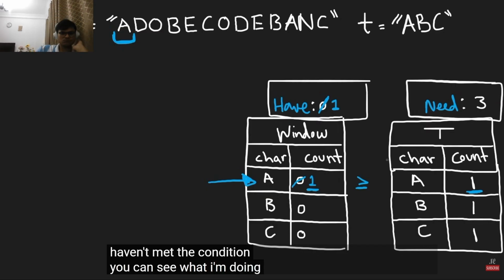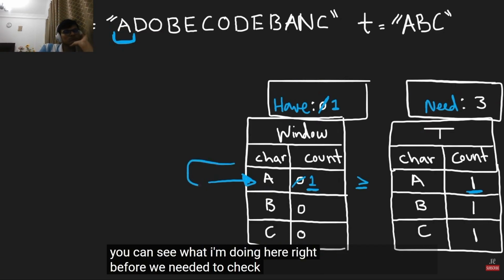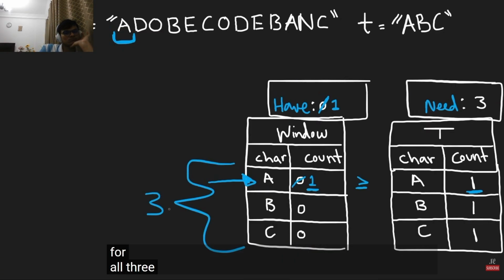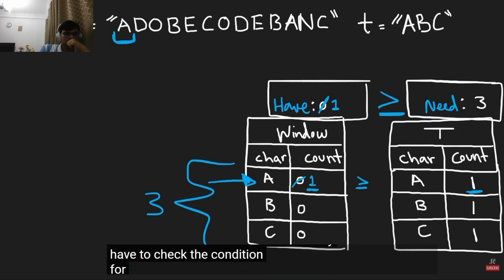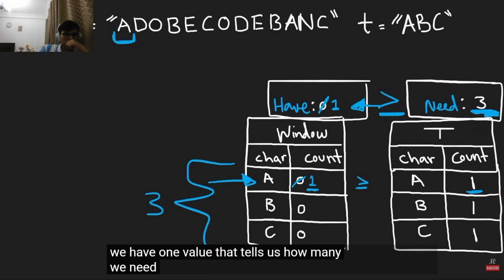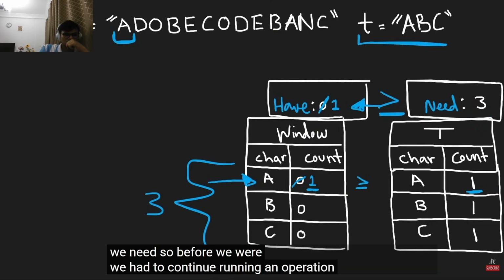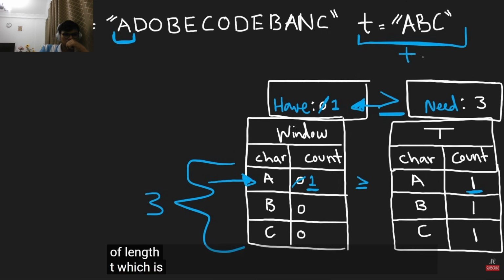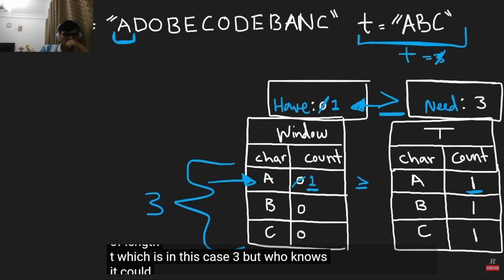You can see what I'm doing here, right? Before we needed to check the condition for all 3 of these each time. Now we only have to check the condition for 1. We have 1 value that tells us how many we have, and 1 value that tells us how many we need. So before we had to continue running an operation of length t, which is in this case 3, but who knows, it could have been bigger.